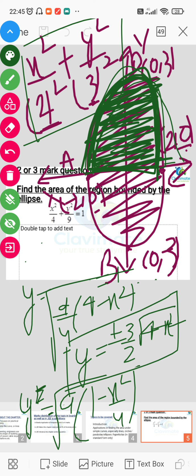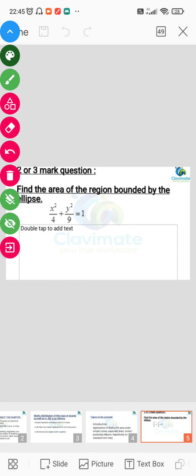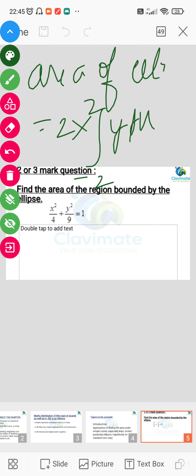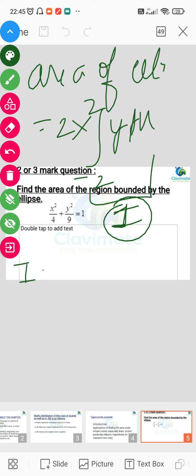Okay, so let us find the area of ellipse. What was our area of ellipse? The area of ellipse was twice the integral from minus 2 to 2 of y dx, right? And we have to find the value of this portion. Let us say this is I. So I is equal to the integral from minus 2 to 2 of y dx.